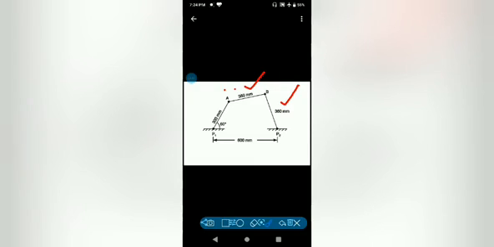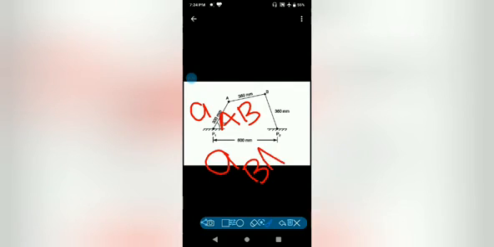In the case of the acceleration diagram, if A is rotating about B, we will write acceleration of A relative to B. And if you are considering B is rotating about A, then we will represent it as acceleration of B relative to A. In the acceleration diagram, acceleration of A relative to B is noted as B prime A prime, and acceleration of B relative to A is denoted as A prime B prime.